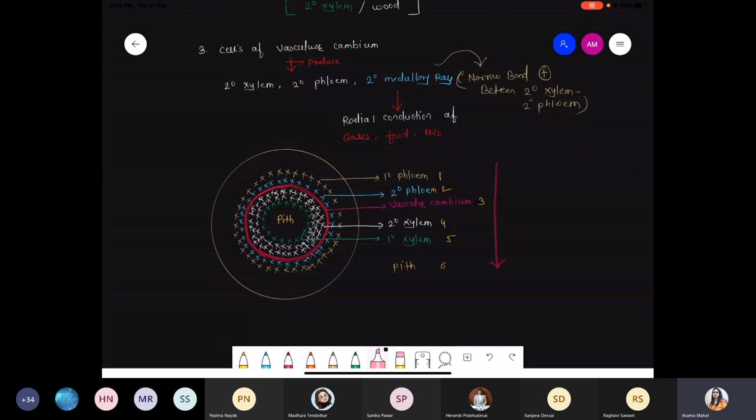Any doubt from the vascular cells? Yeah, quickly tell me any doubt. This chapter requires quite a lot of practice. It needs a little hard work because I know the terms are a bit different. You know the basic cells like parenchyma, collenchyma, sclerenchyma.